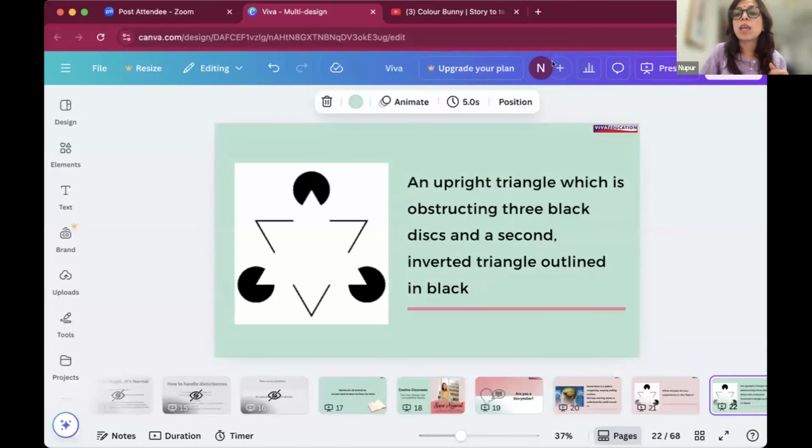Okay. So if I can sum it all up, most of the people here think of this as an upright triangle, which is obstructing 3 black discs. And there is a second inverted triangle, which is outlined in black.